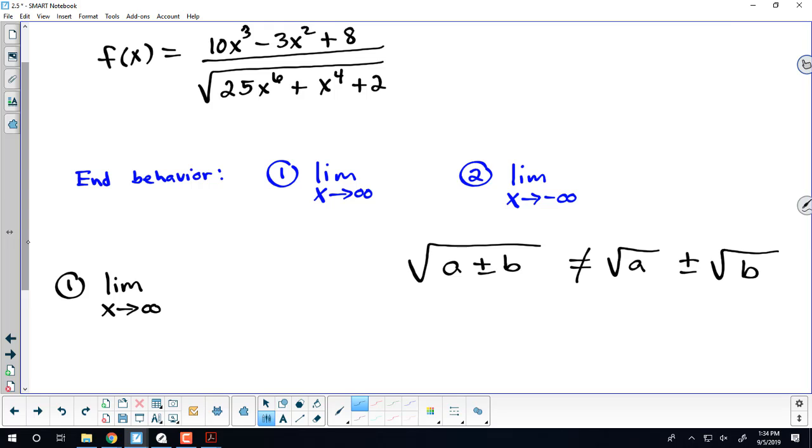You have to take that whole thing to the power of 1/2. The parentheses and that whole bottom would go to the power of 1/2 as a whole. It is valid, however, when we have a product, and we're assuming we're dealing with real numbers. A product is also a quotient, so it's valid for products and quotients, not addition and subtraction.